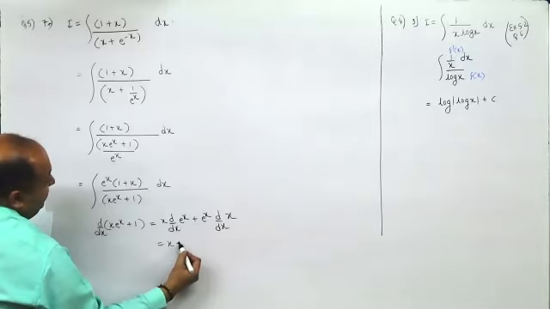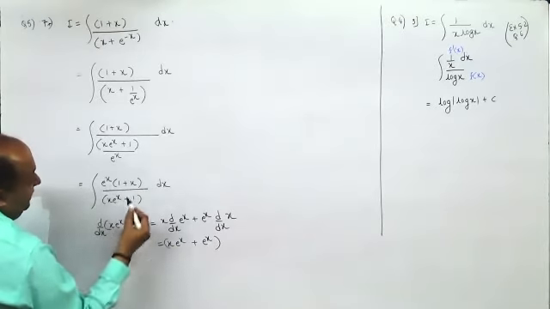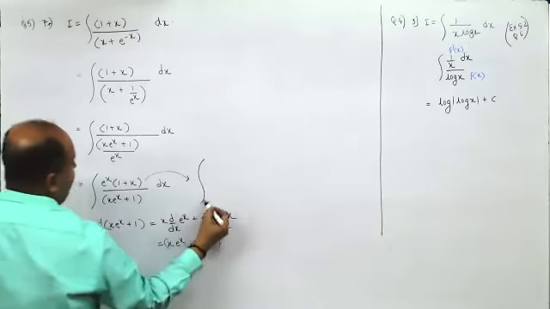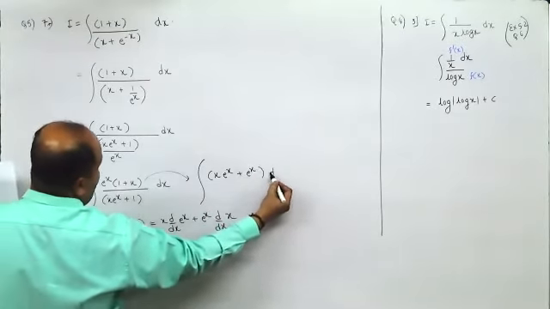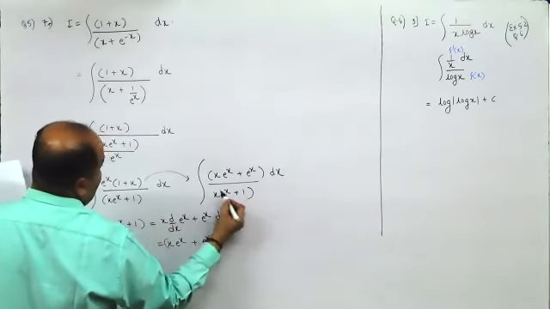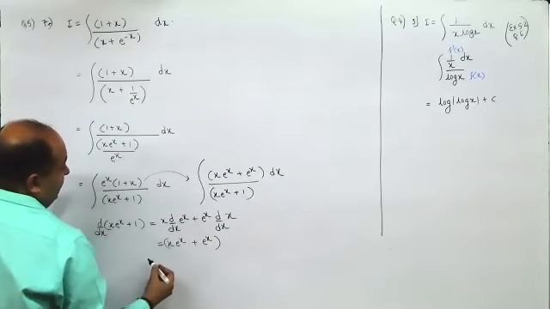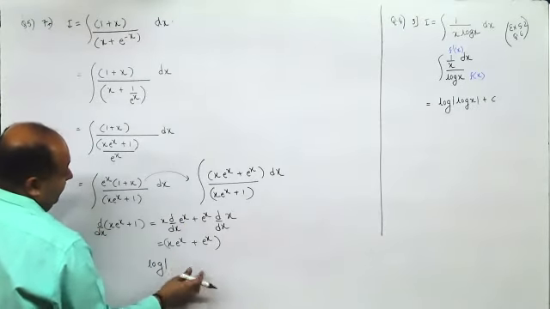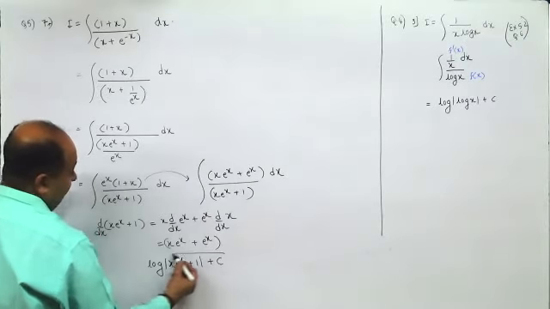So that would be x into e raised to x plus e raised to x, which is same as the numerator here. If I multiply it inside, I would be getting x e raised to x plus e raised to x here, and I would be getting x into e raised to x plus 1 here. So derivative of denominator is the numerator, and therefore the answer is log of denominator plus c.